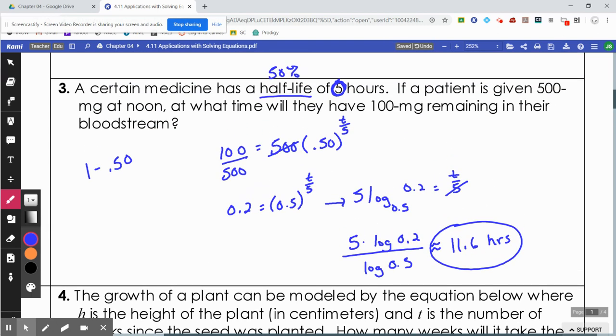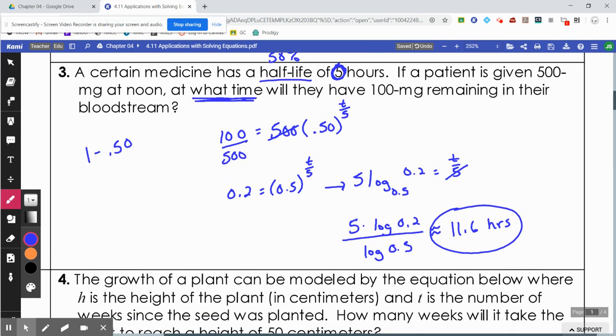Now let's go back and look at your problem. At what time? So we've got 11.6 hours. We've got to figure out what time that'll be. And you've got to be careful since we're looking for what time. This might be some old math that you might have seen before. 0.6 of an hour. So that'd be 11 full hours.